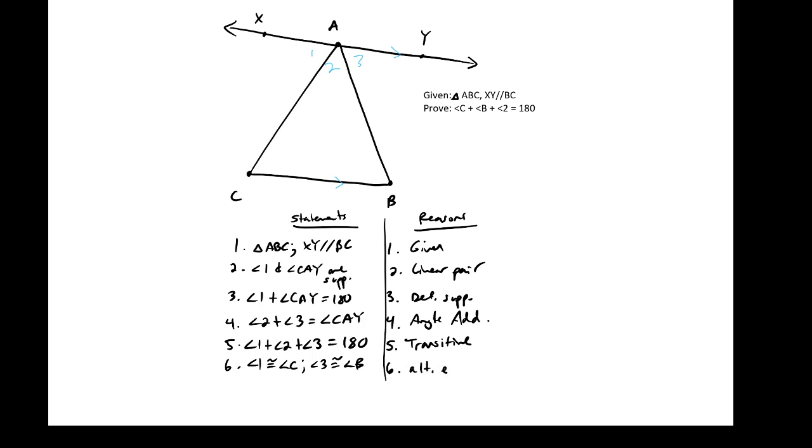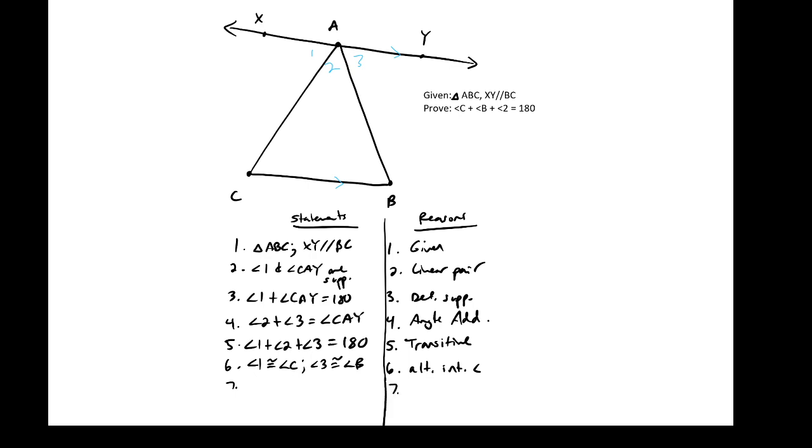These are alternate interior angles. So we can use that theorem: when we have two parallel lines cut by a transversal, the alternate interior angles are congruent. So those are alternate interiors. 1 and C are congruent, which is nice because now we're getting closer to our answer.